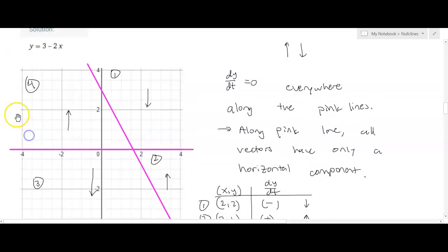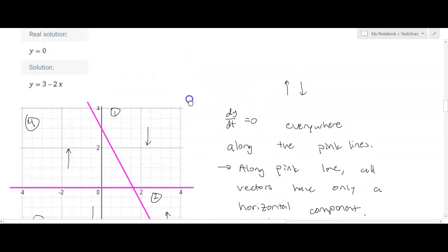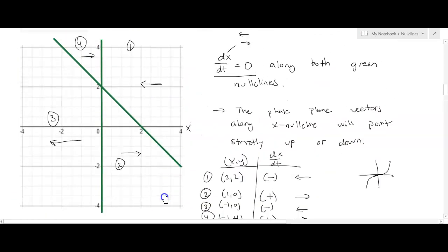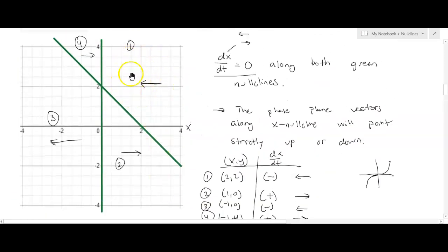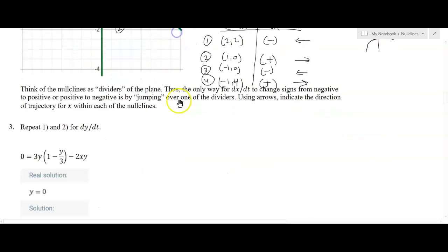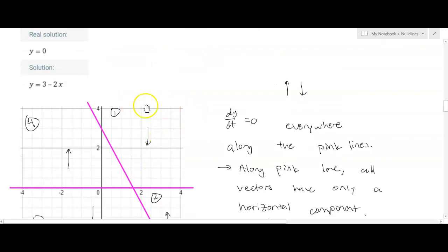So what we've just determined is basically that, depending on where your initial condition is, if it starts somewhere out here, then the y component of where that object is going to move, its trajectory, is going to be downward, and depending on where it is with respect to the x nullcline, it looks like a point that starts way up here will be moving down and to the left.